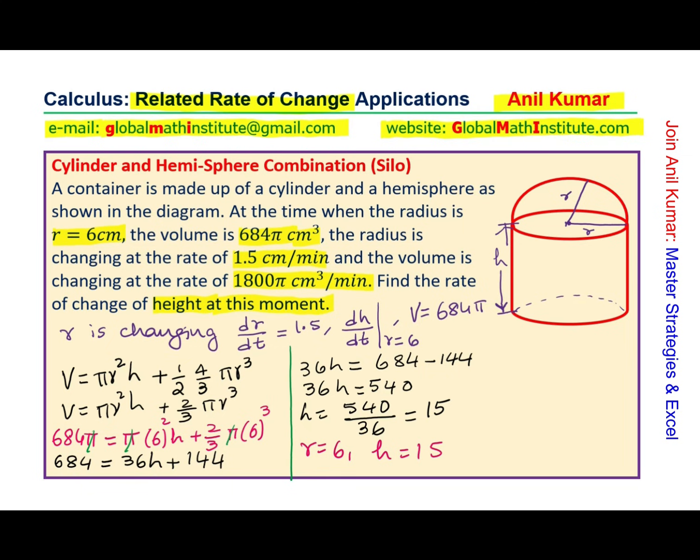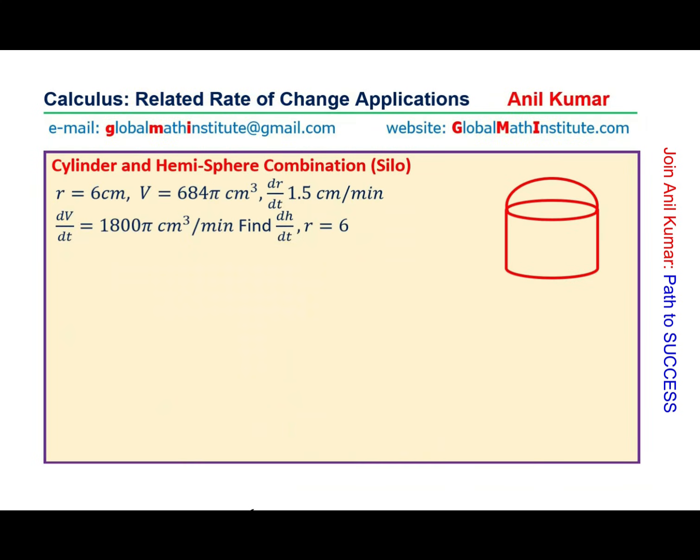Now we'll move further. Find the derivative with respect to time and then also find the rate of change of height. Perfect. I hope it is absolutely clear up to this point. Okay, so height of 15. So here what I've done is I've written everything which is given to us.